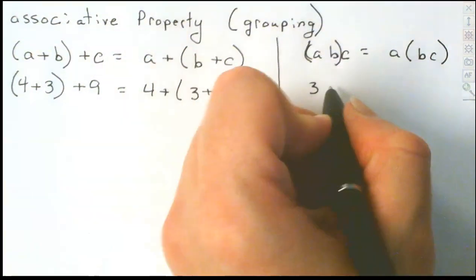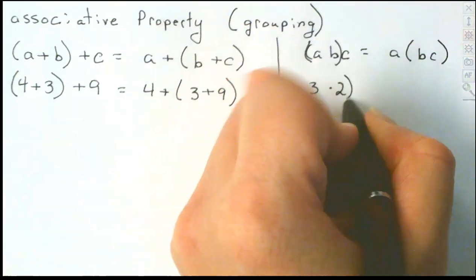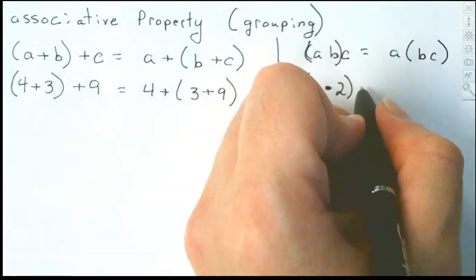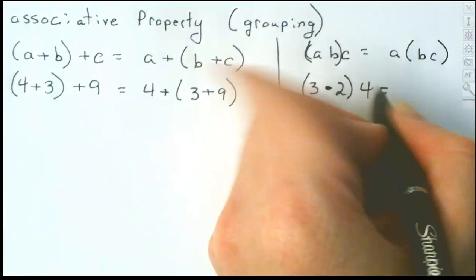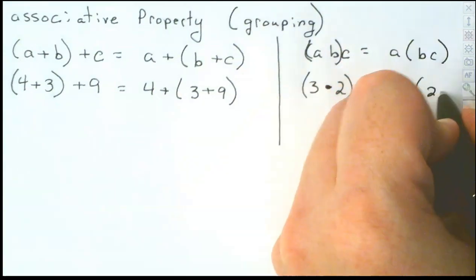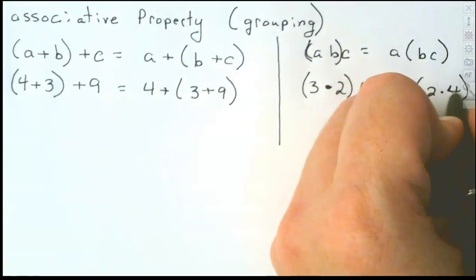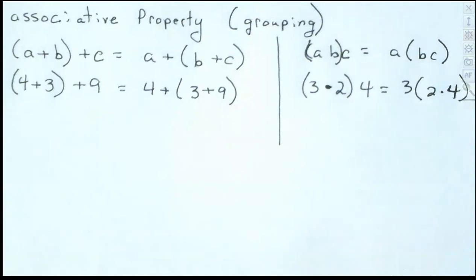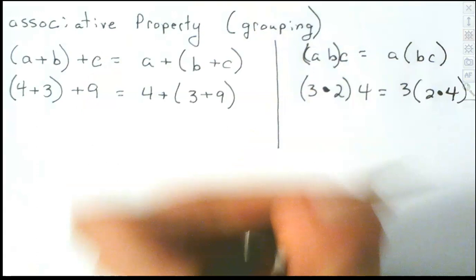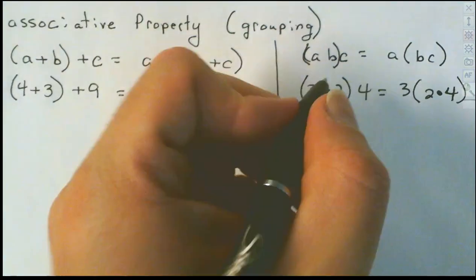So, 3 times 2 (that's a multiplication dot there) times 4 is going to be the same thing as 3 times (2 times 4), right? They're the same. No matter where the parentheses are, they're the same. These are multiplication dots here. So you can see they're multiplication dots.